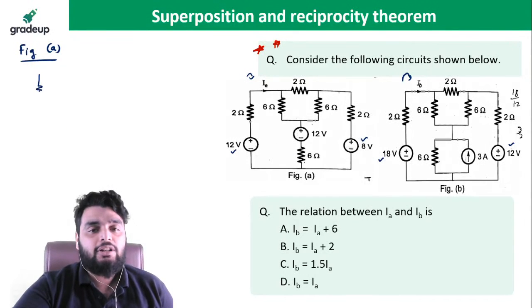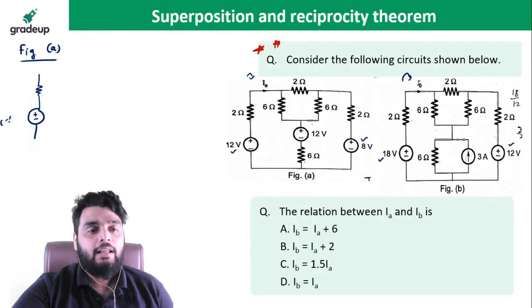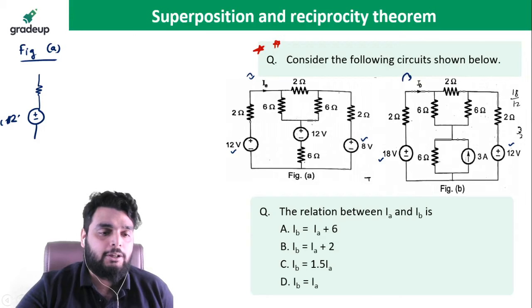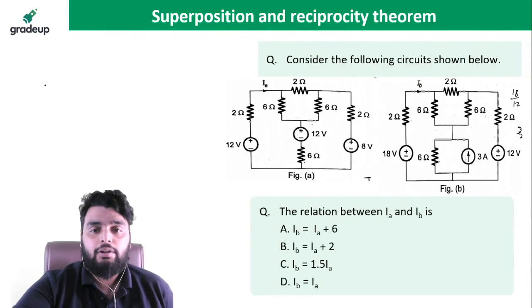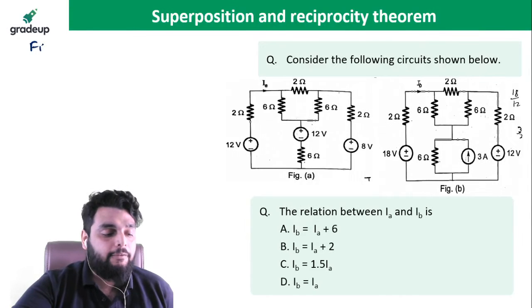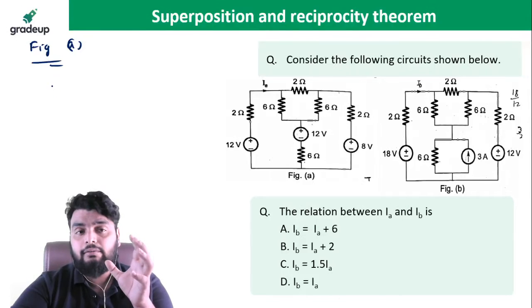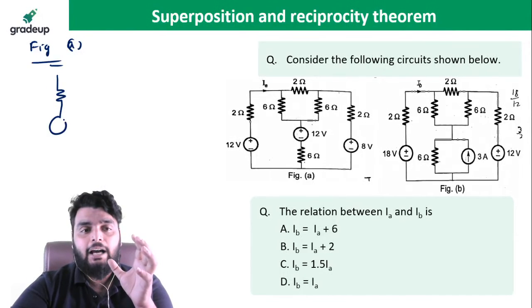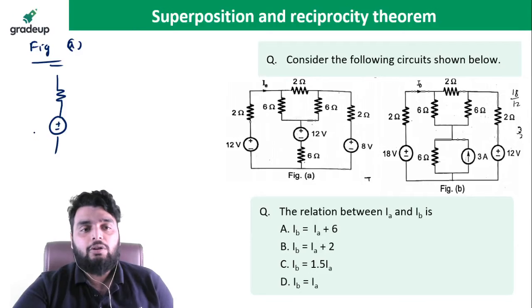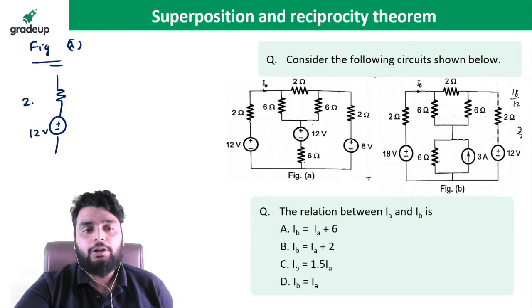If I change the voltage source to a current source using source transformation, everybody knows now what source transformation is, yes or no? So I am taking figure A. Any doubt in source transformation? So this becomes 12 volt with 2 ohm, and this becomes 2 ohm.